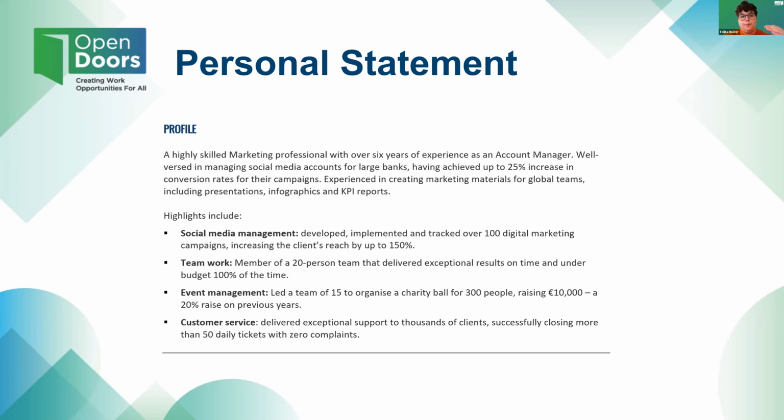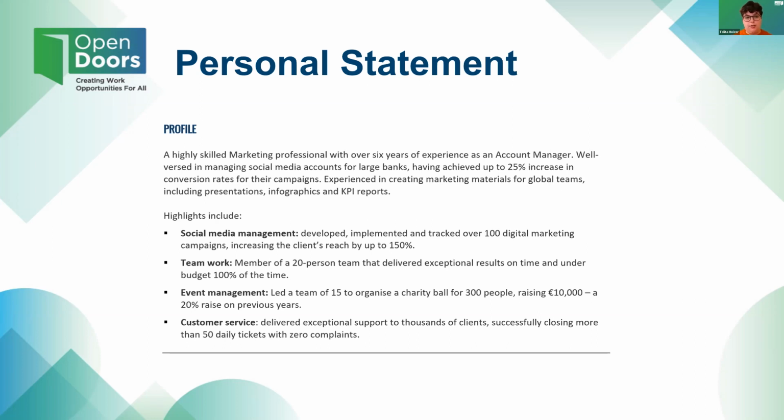So for example, the last sentence there, experienced in creating marketing materials for global teams, including presentations, infographics, and KPI reports. I took that word for word from a job description. That's what I would do. If I'm applying for a role that has a job description, which all jobs should have, you can take parts of the job description that are the most relevant to your skills and experience and include that there.